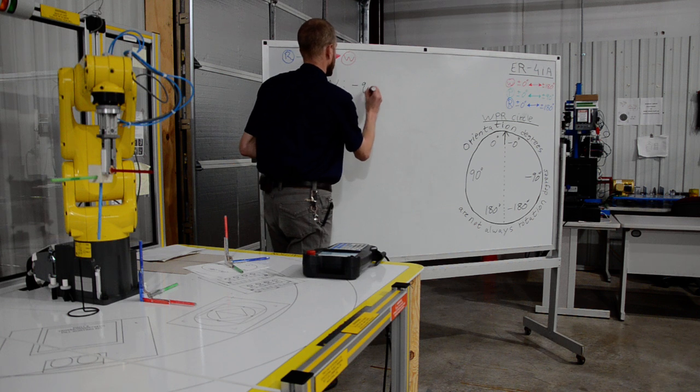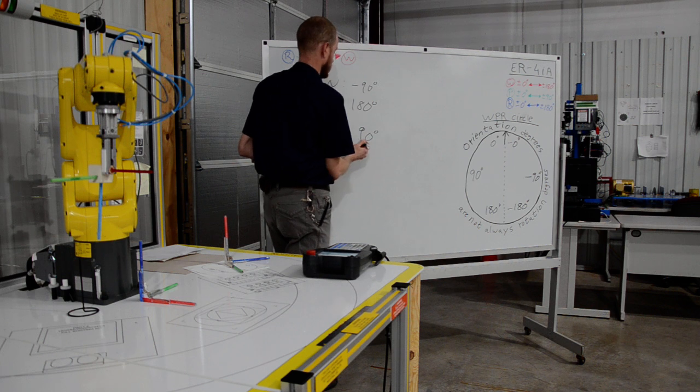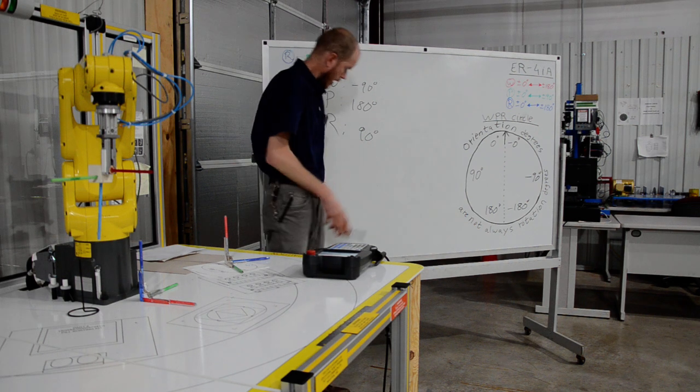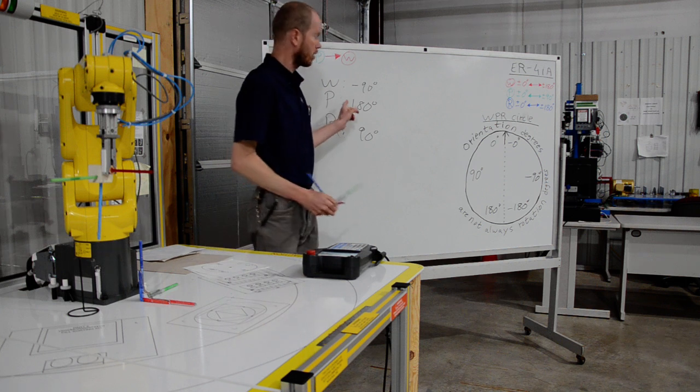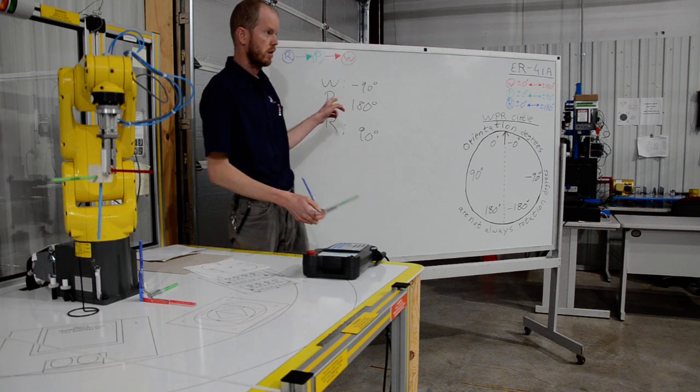I'm going to say negative 90, 180, positive 90. What is the robot going to look like when it goes to this position?